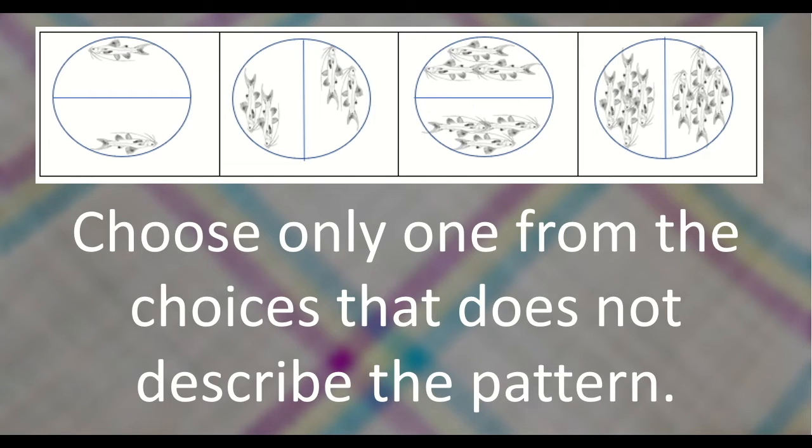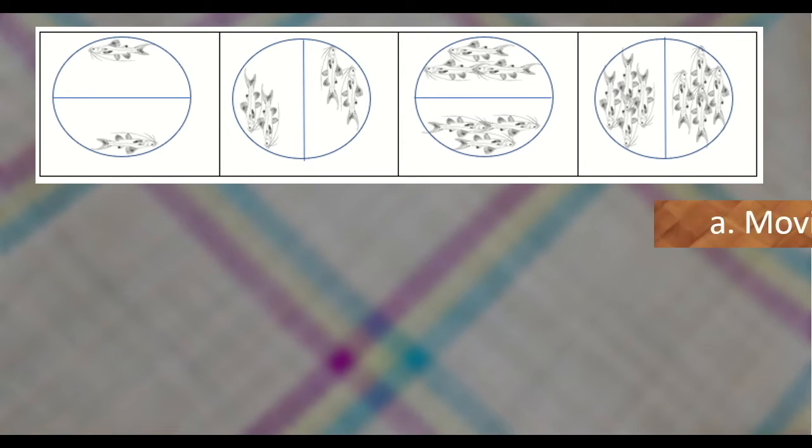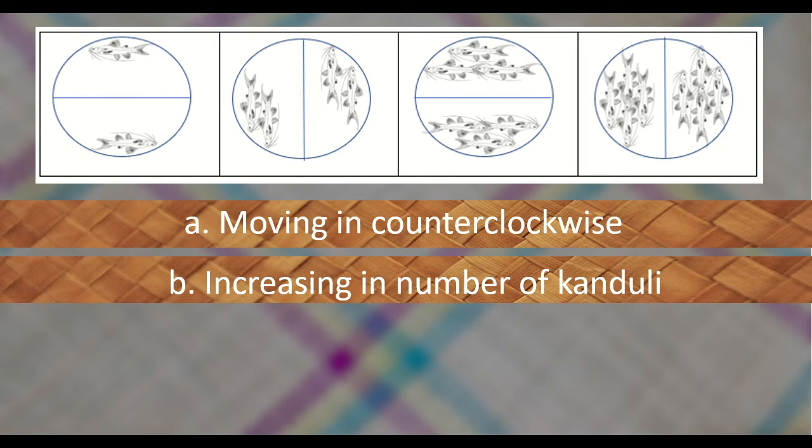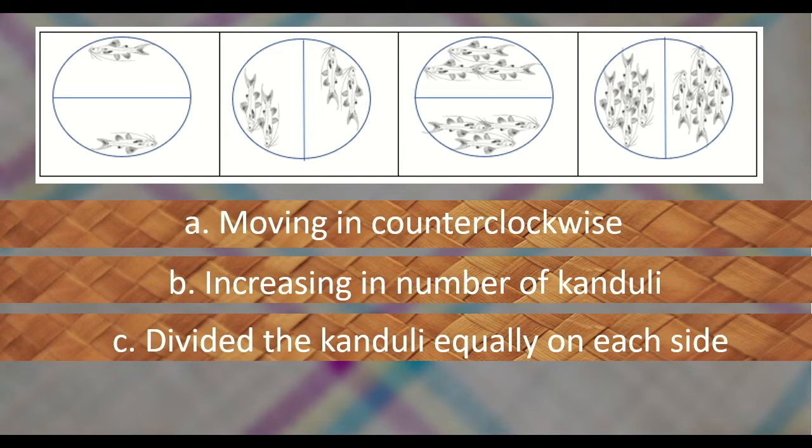Choose only one from the choices that does not describe the pattern. Is it letter A, moving in counterclockwise? Letter B, increasing in number of kanduli? Letter C, divided the kanduli equally on each side?